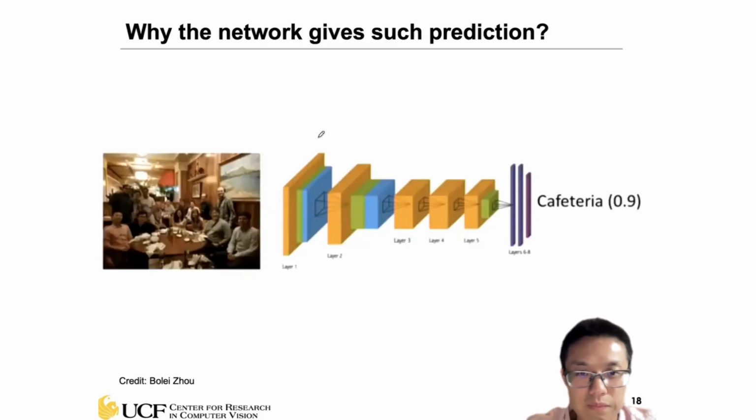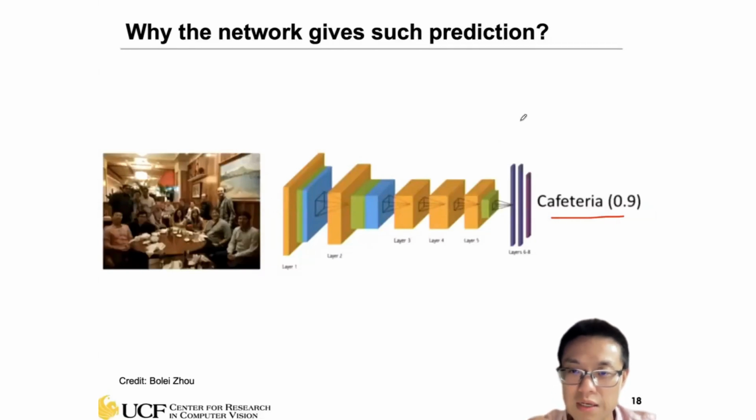Okay, so far we introduced a couple of ways, right? You can more or less get a sense of what this network is learning, or whether some of the learned representation is meaningful or not. But still, we are not able to explain why the network makes such a decision, right? For example, in this slide, this is an input image that goes through this network, and the network predicts this is a cafeteria image, right?